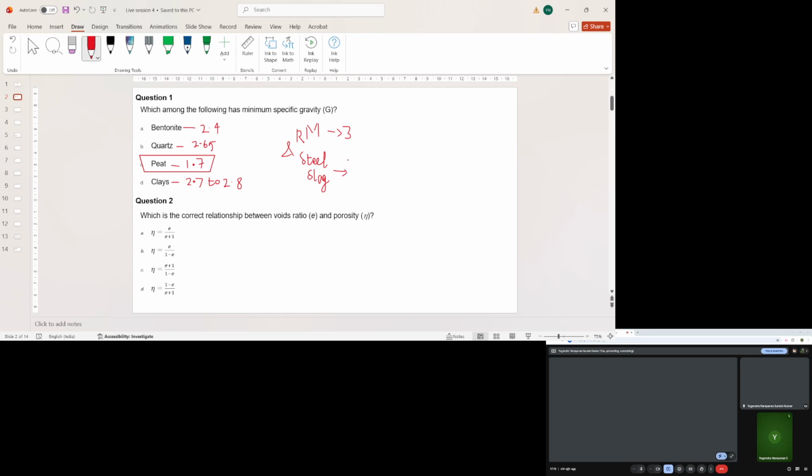Those are man-made byproducts of various industrial processes which are similar to soils.